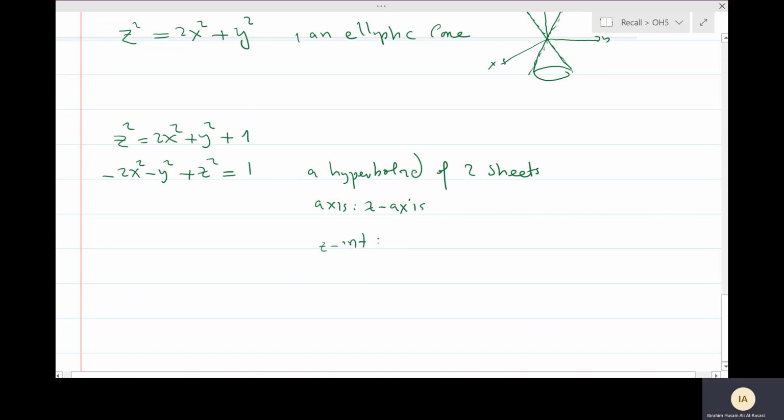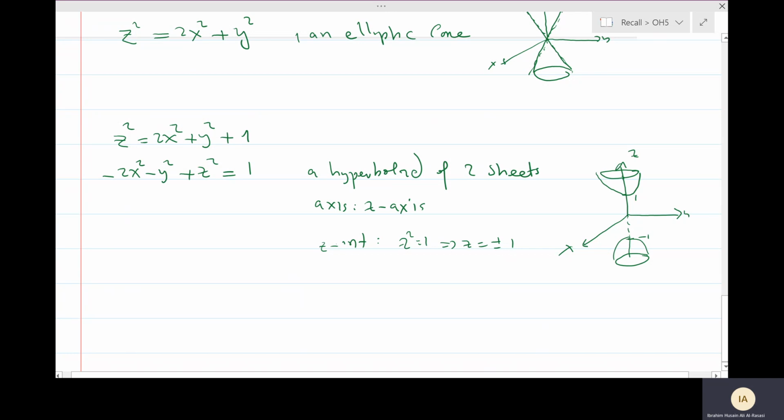Set x equals 0 and y equals 0, so z squared equals 1 and z equals plus or minus 1. So you get something like this: this is 1 and this is minus 1. Then you draw two sheets, something like this. This is the graph.